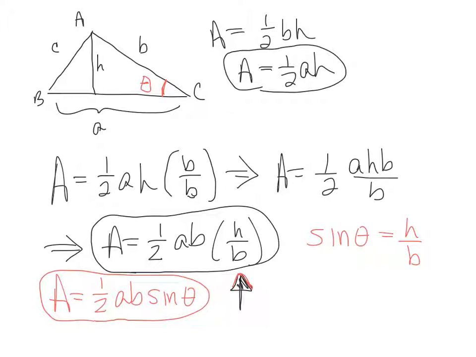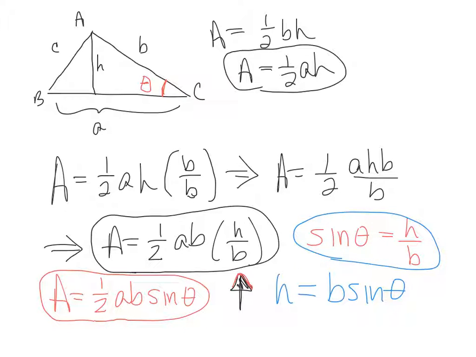So if the area can be expressed as 1/2 AB sine theta, which part of the expression represents the height? The height is actually B sine theta, because if we look at this and we multiply both sides by B, those cancel out, and I'm left with B sine theta equals height.